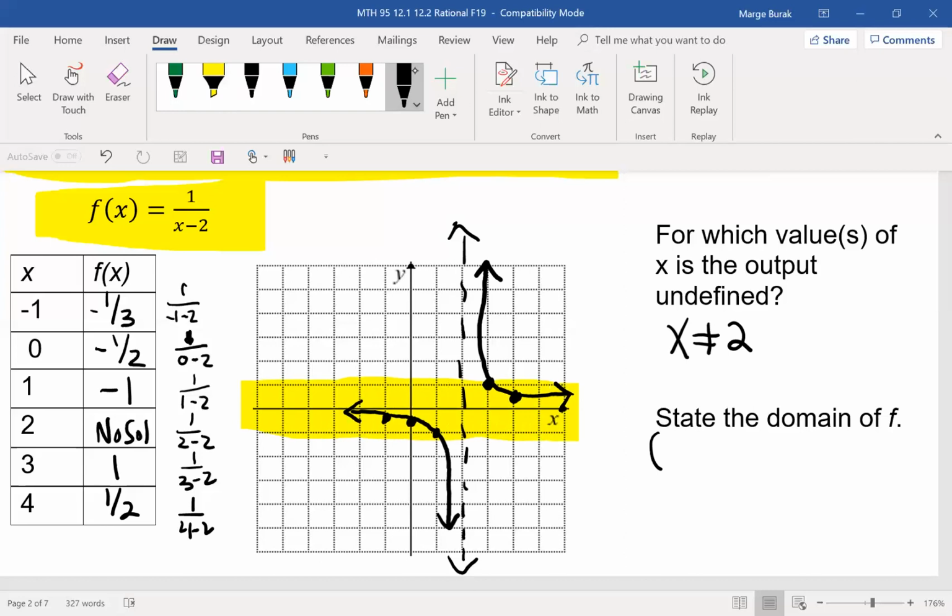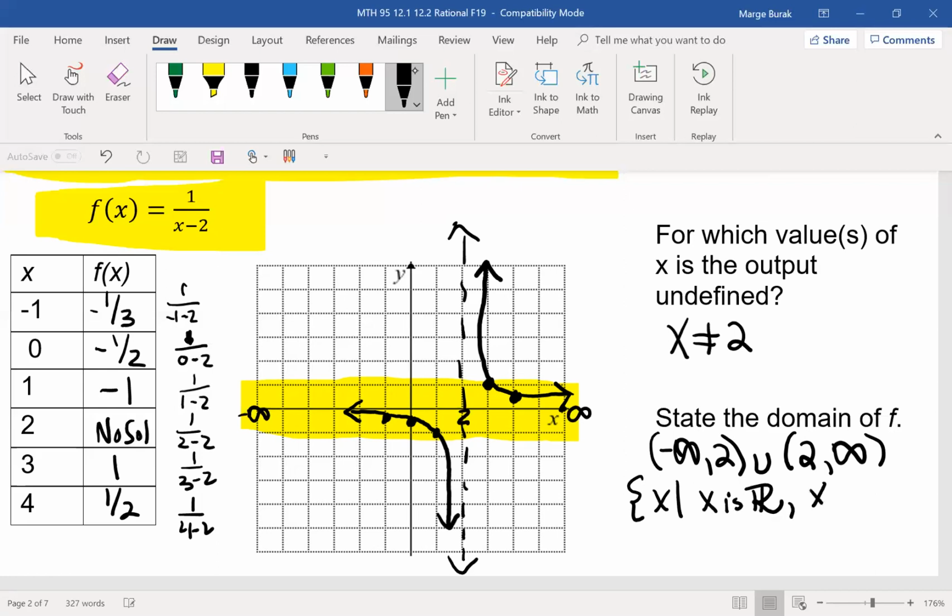So we're going to go from -infinity all the way to 2, and then we can't have 2, so it's going to be -infinity to 2, open because I don't want 2, and open again on 2 to +infinity. Okay, I could also say the domain is all x such that x is a real number, but x cannot equal 2. Okay, all right.